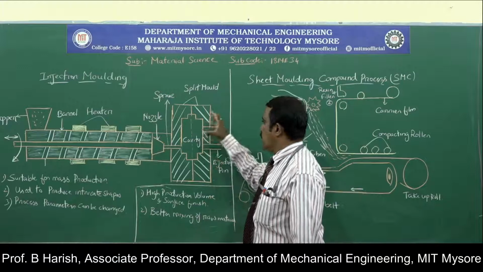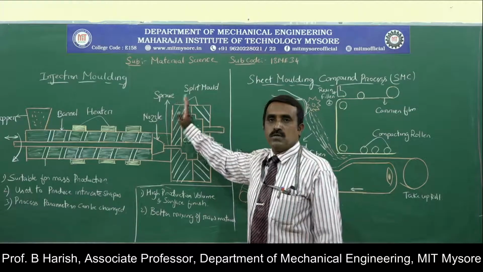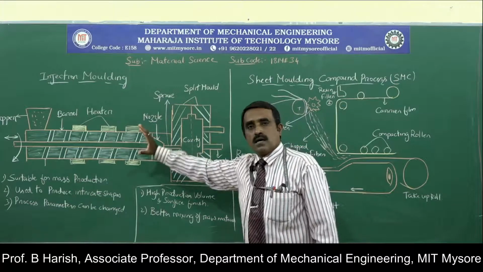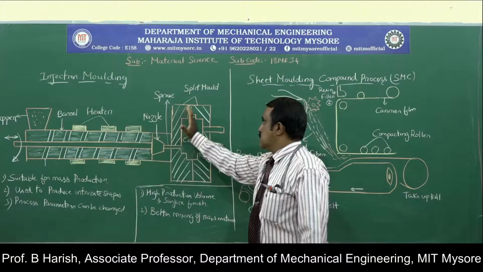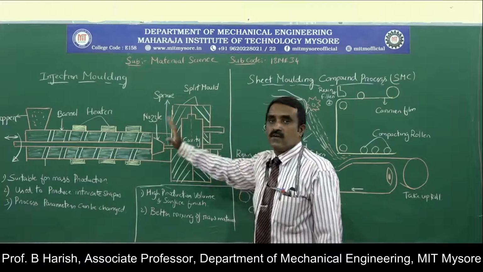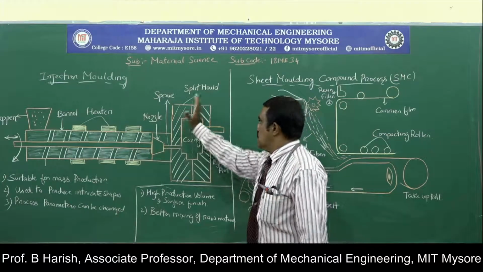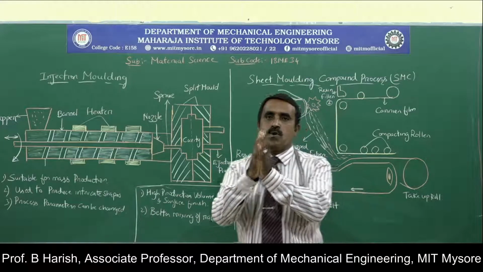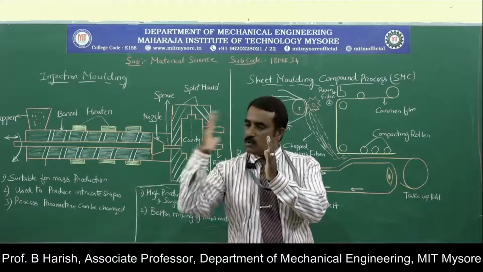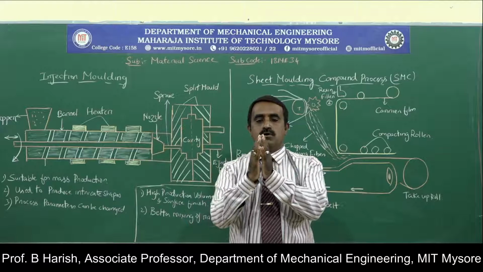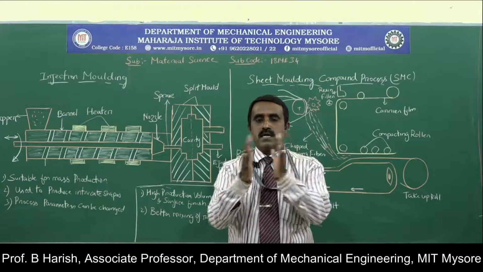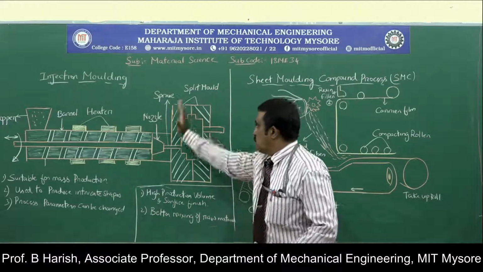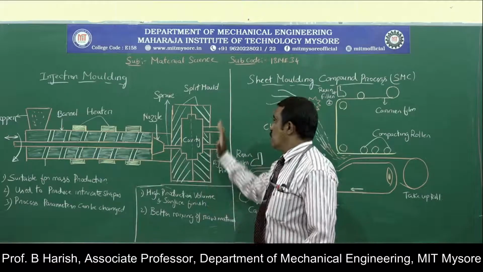As I told you, it is a split mold. This is the first half, towards the closed barrel, and this is the other half, which is far away from the barrel. This is the partition that joins the mold. This is the fixed part of the mold, and this is the movable part.